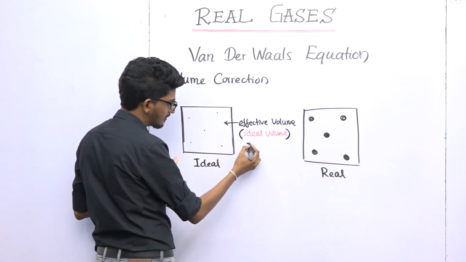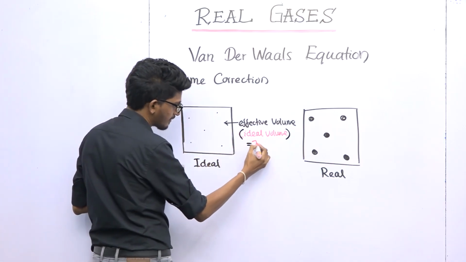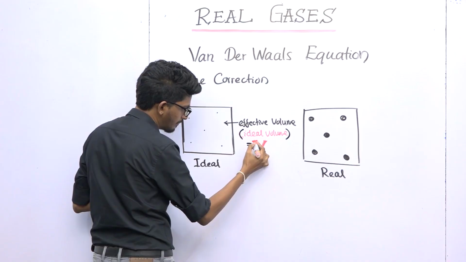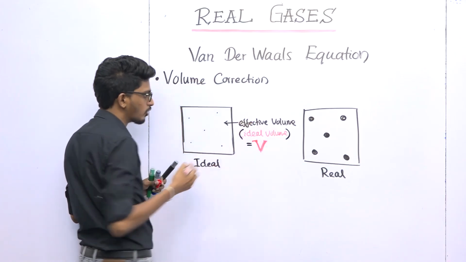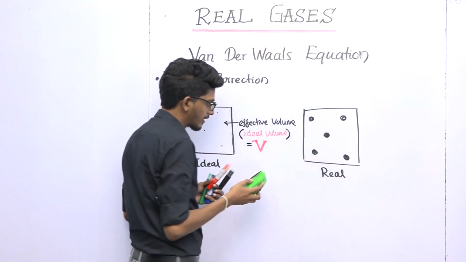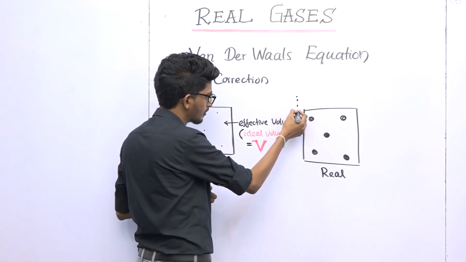That is equal to V, the volume of the vessel. Actually, for PV equals nRT, we have to substitute this effective volume, the volume available for your gas molecules to freely move.